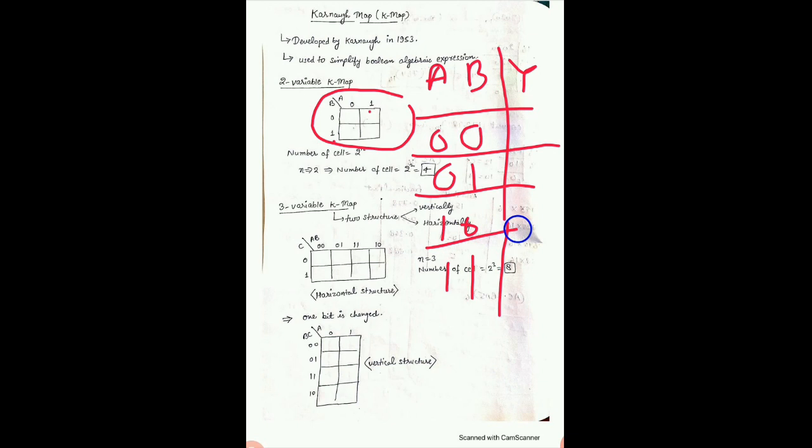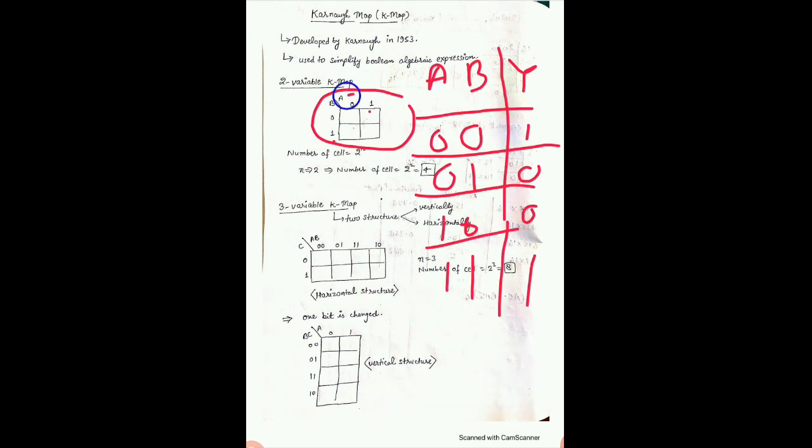So these are the 4 possibilities. Suppose we have considered output 1 here, here 0, here 0. This is just an example. If a is 0 and b is 0, we get output 1. If a is 1 and b is 1, then we get output 1. So we have to represent this in the K-map.